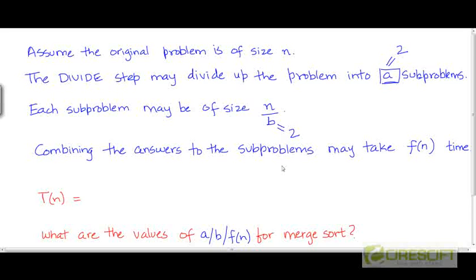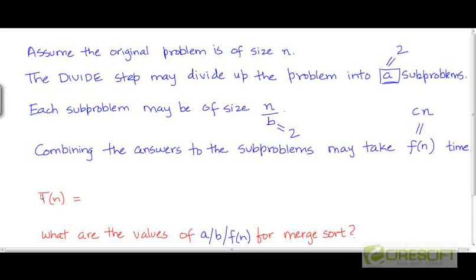Combining the answers to the subproblems may take time equal to some function f of n. So in case of merge sort, this f of n was c times n. And if you have two sorted arrays of size n by 2, the amount of time it takes to merge those two arrays into a larger merged array of size n was proportional to n.